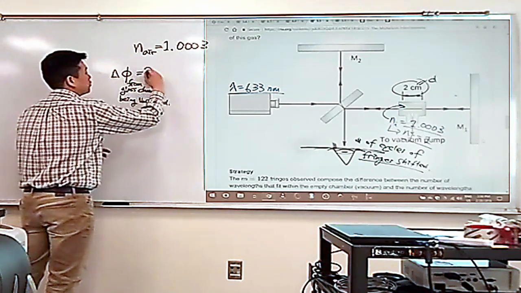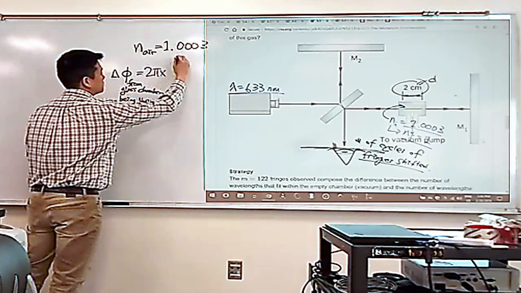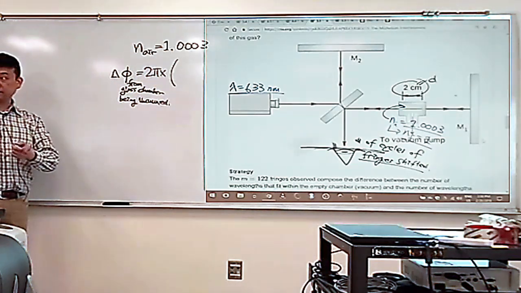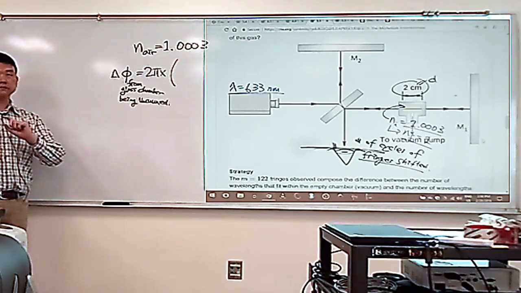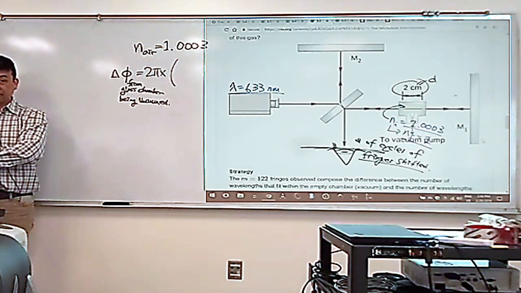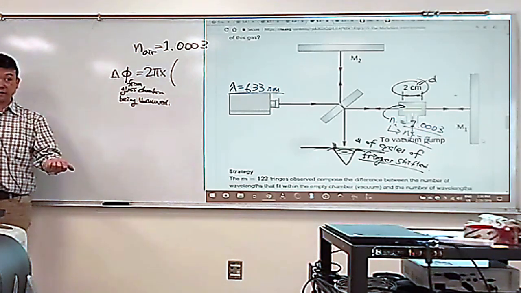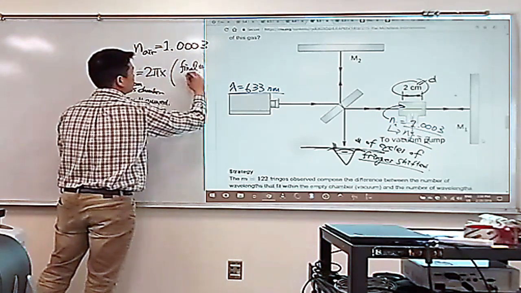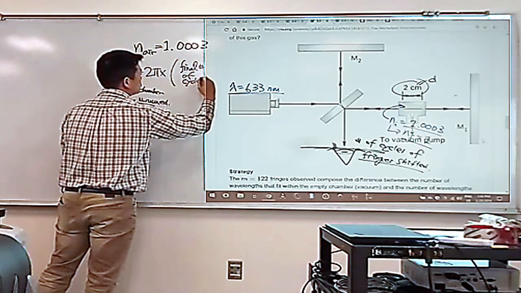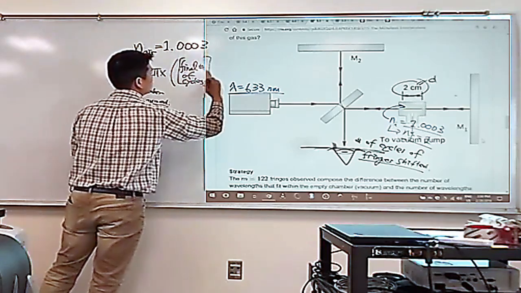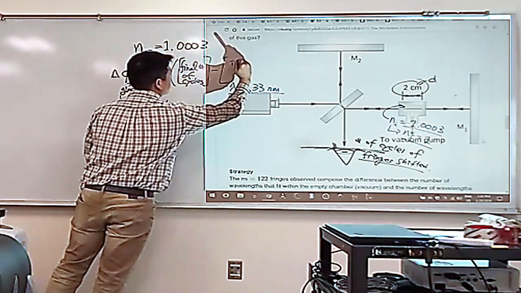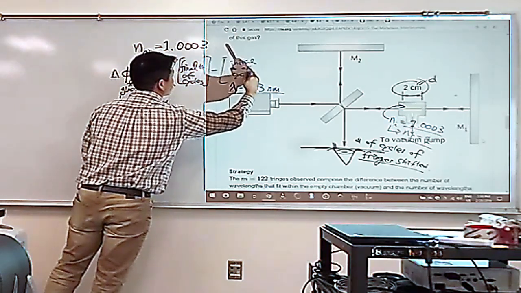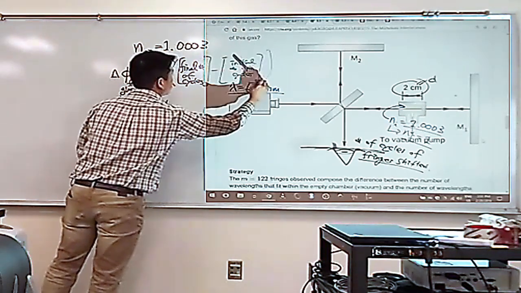It's going to be 2 pi times the final number of cycles minus the initial number of cycles within that glass chamber.